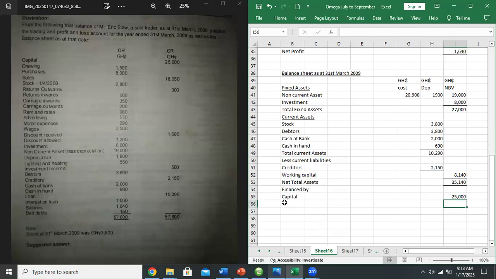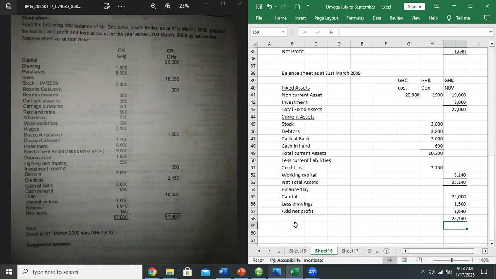So we less drawings, 1,500, then we add the net profit, which was 1,640. So always remember, when you bring your capital, you less drawings, you add your net profit.